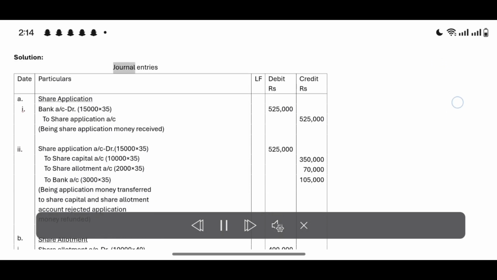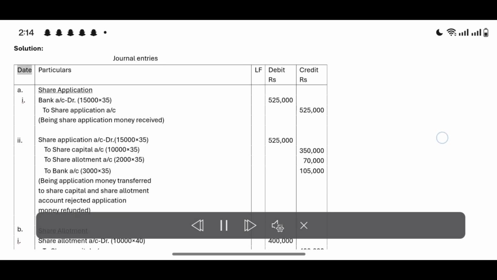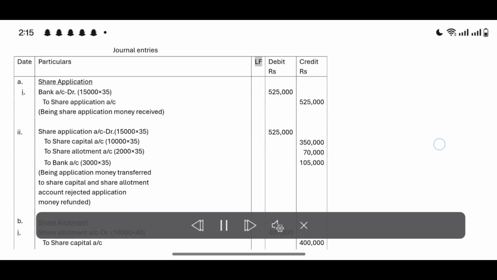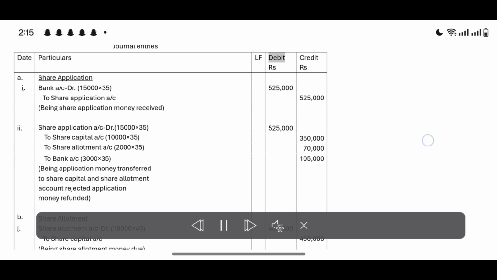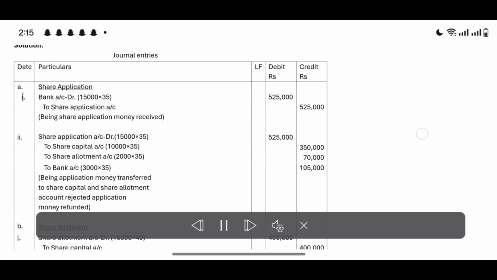Solution. Journal entries. Date. Particulars. LF. Debit Rs. Credit Rs. Share application. 1. Bank A/C Dr. 15,000 times 35, 525,000.